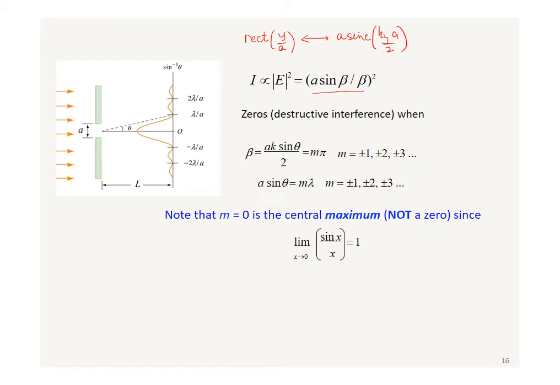As we saw before, we're going to have destructive interference whenever the sine function here goes to 0. So that's going to be whenever beta is equal to pi, 2 pi, and so forth, or an integer multiple of pi.